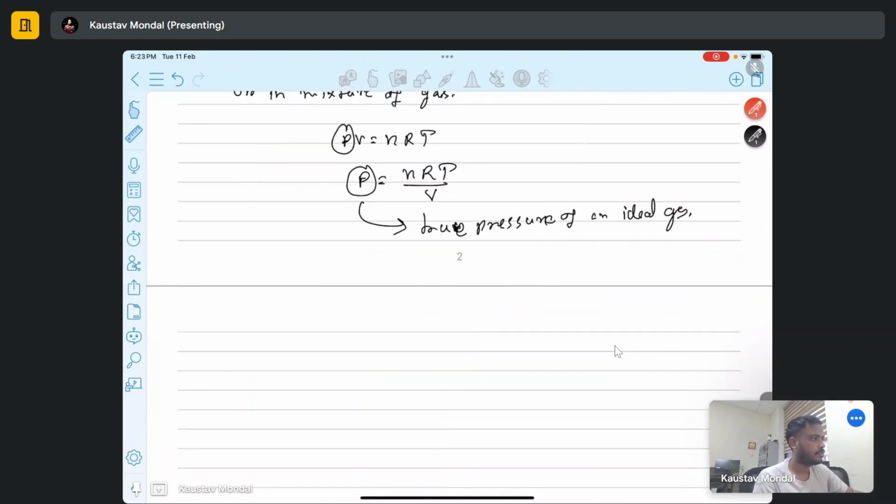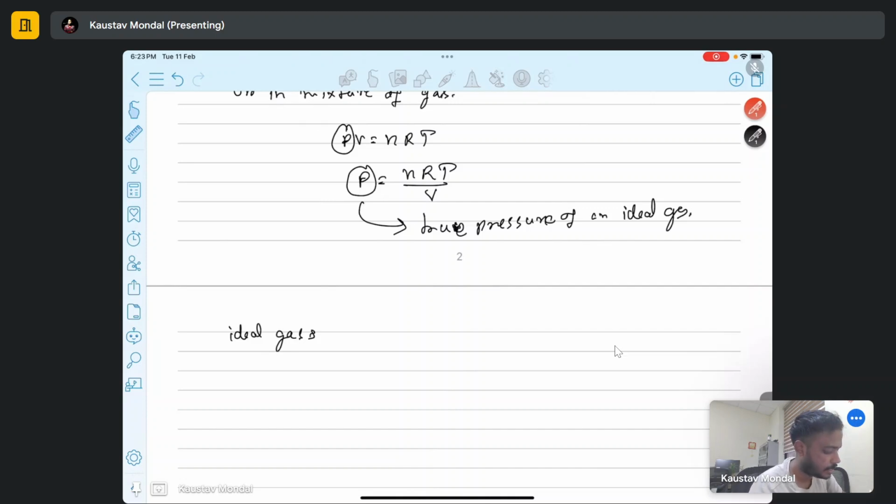For real gas we have to take some assumptions. For ideal gas we didn't consider the force, the pressure exerted by the constituent molecules.